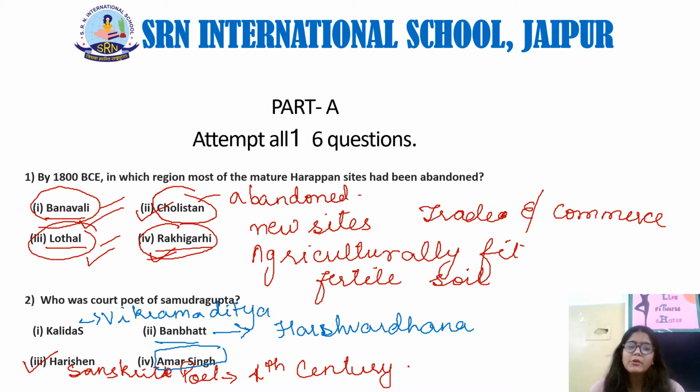Now you know about Lothal's identity, trade and commerce, Rakhigarhi and Banawali very famous for agriculture, Cholistan a desert area, then you know about Kalidas and his king, then who was Banabhatta and who was his king, and Hari Sen was the question only, and he was a Sanskrit poet, which can come into your objective type question, and in which century he was there. So by playing with the options, in one question we are able to do 4 questions. I hope that is clear to all of you.